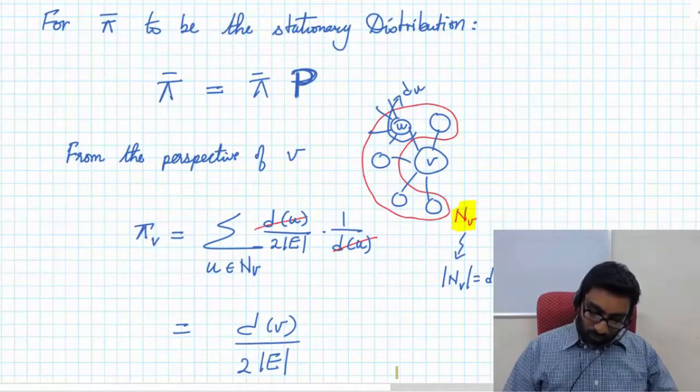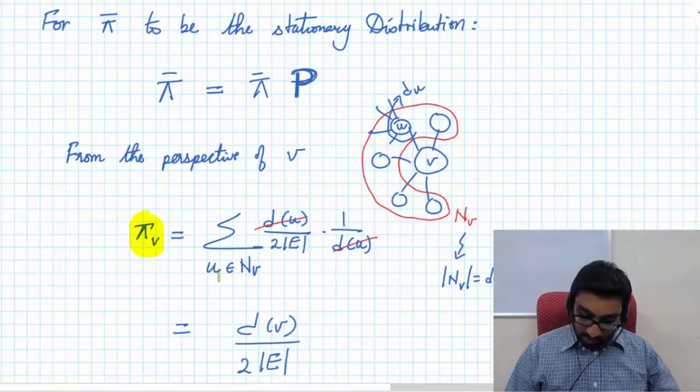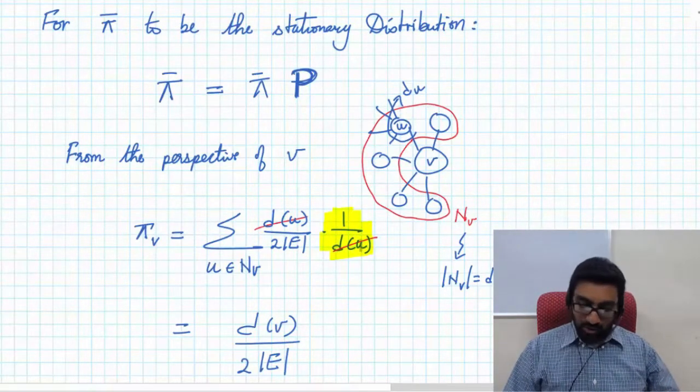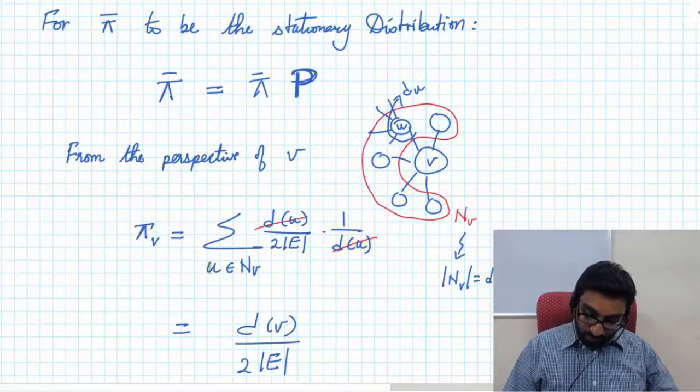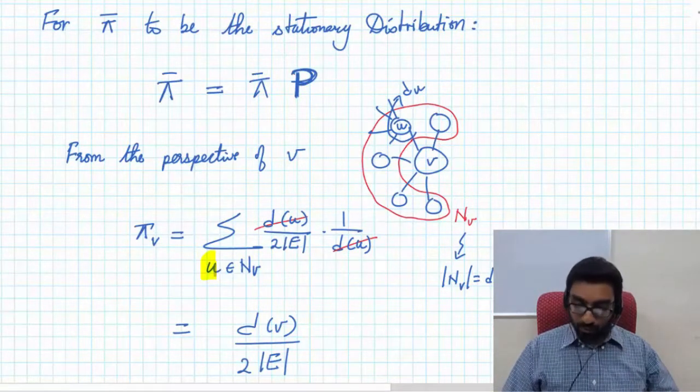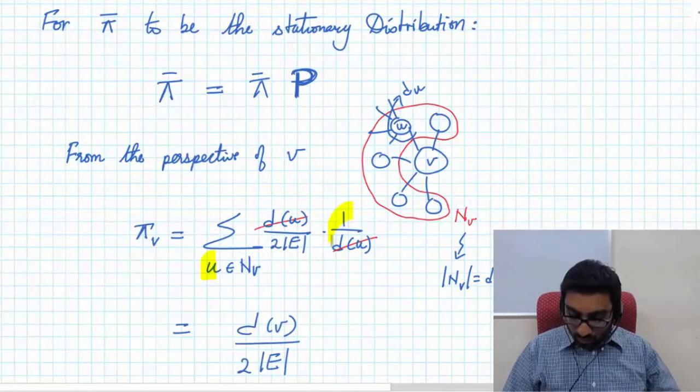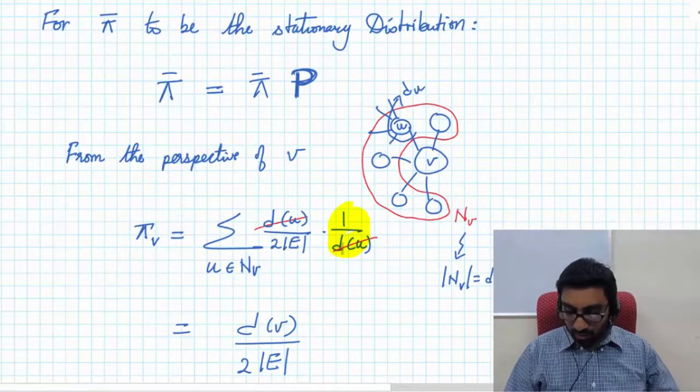In order to get this component pi_v, we sum over all the neighbors of v, and take their corresponding vector components times the probability with which a random walk token from one of these neighbors, say u, will move to v, and that's 1 by d_u.